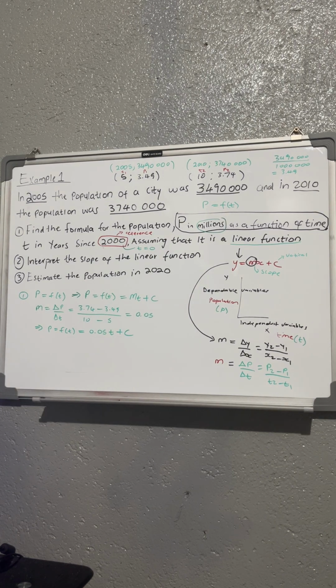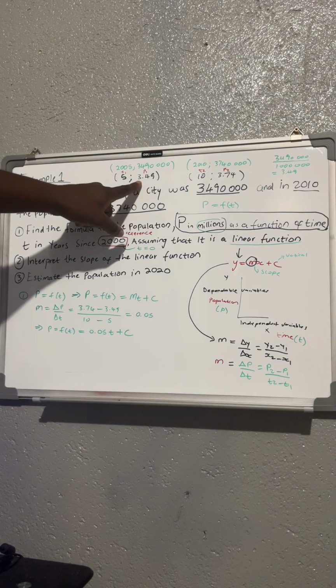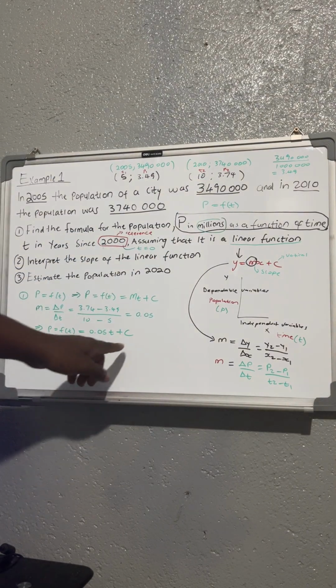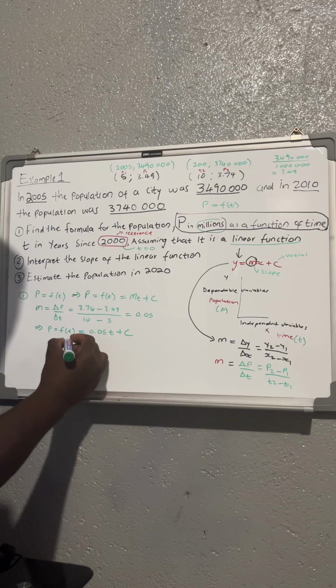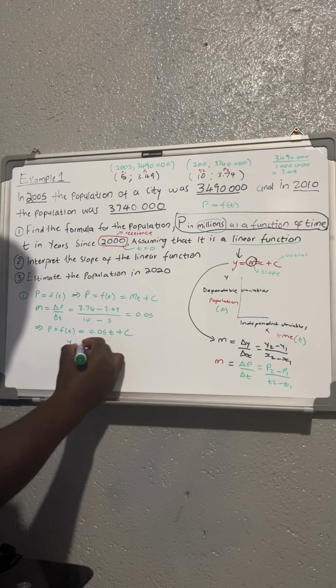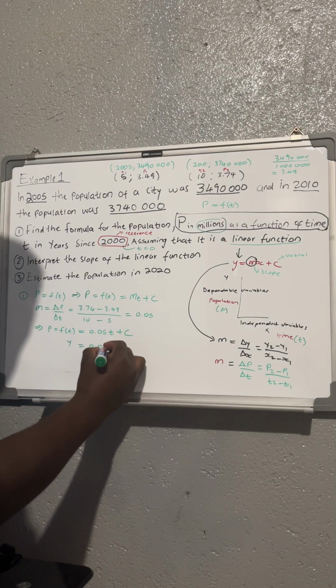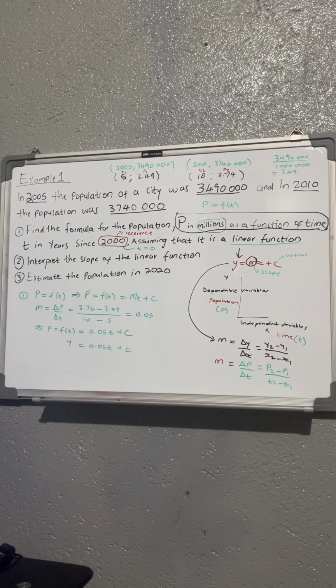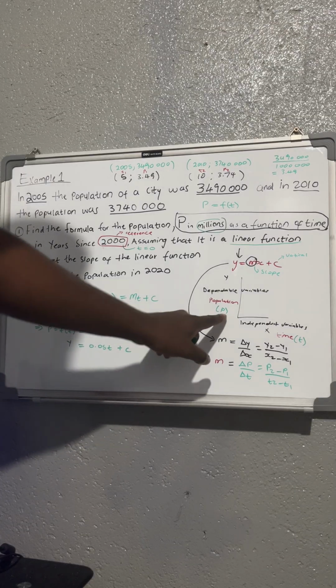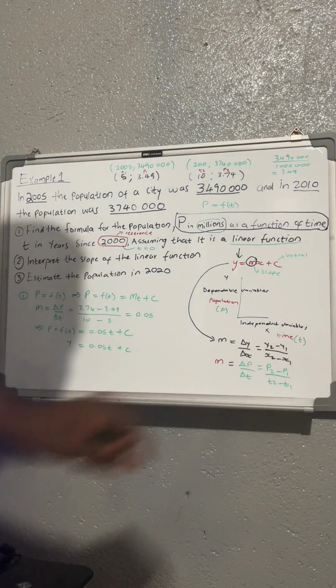In order for us to have a full function, we can use either this point or this point to find our C. Remember, this is the same as having your y equals 0.05 T plus C. You see, now we know that your y is your P, and your T is your time.